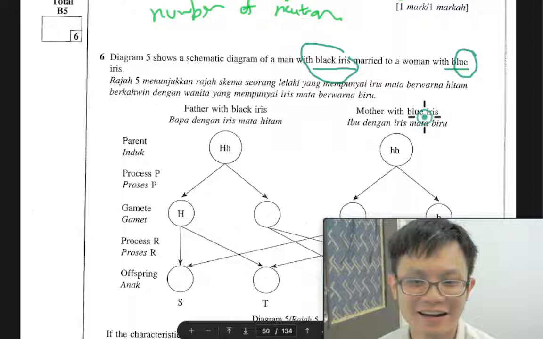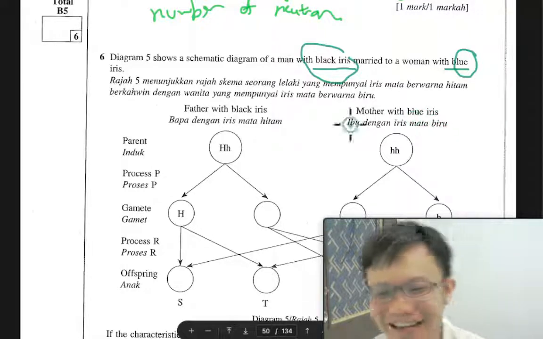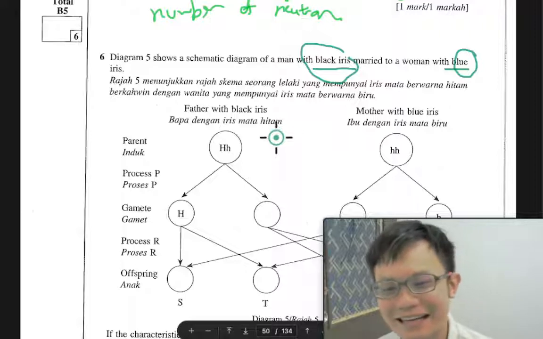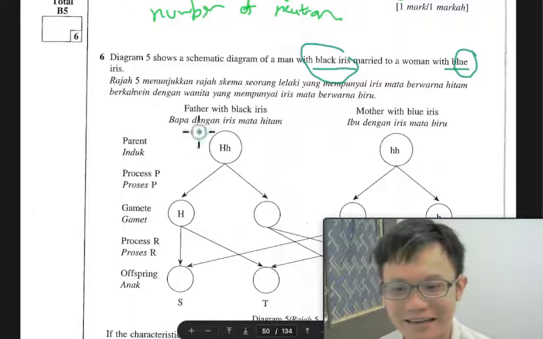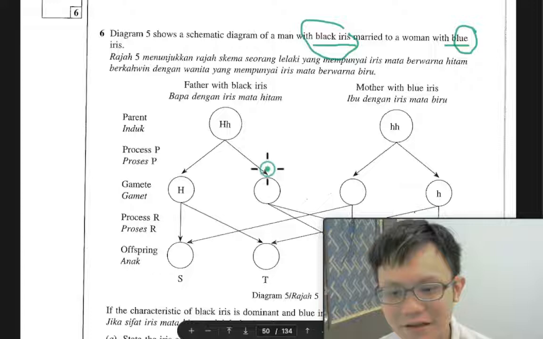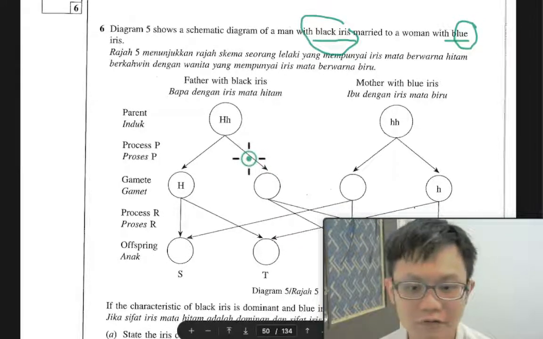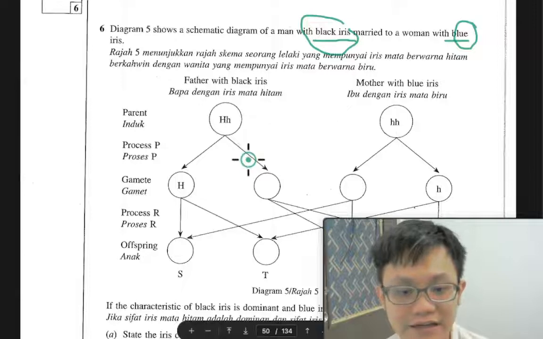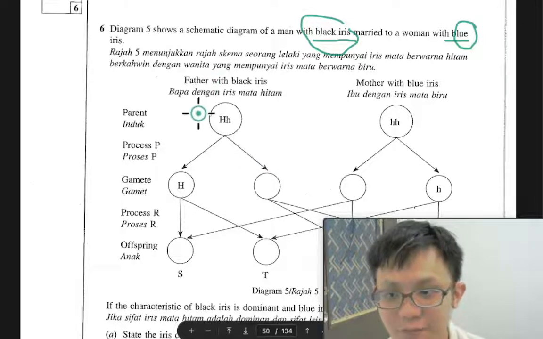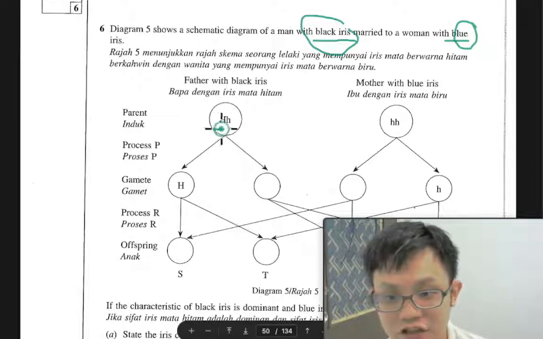Because usually the father has the dominant one. I don't know. Okay, but we look at the gene, and we need to figure out whether it's dominant or recessive. So we look at here: big H, small h.